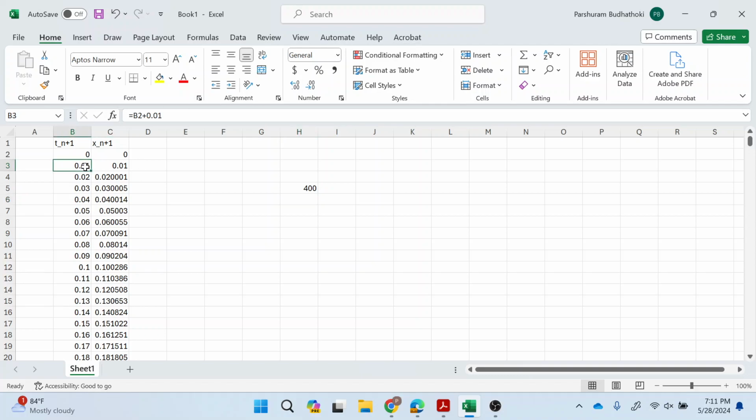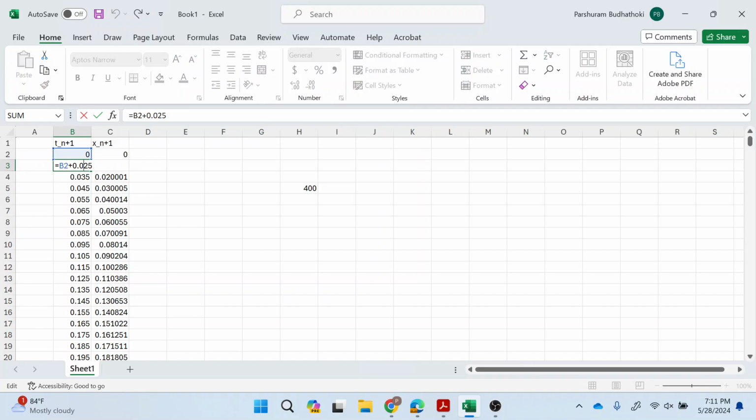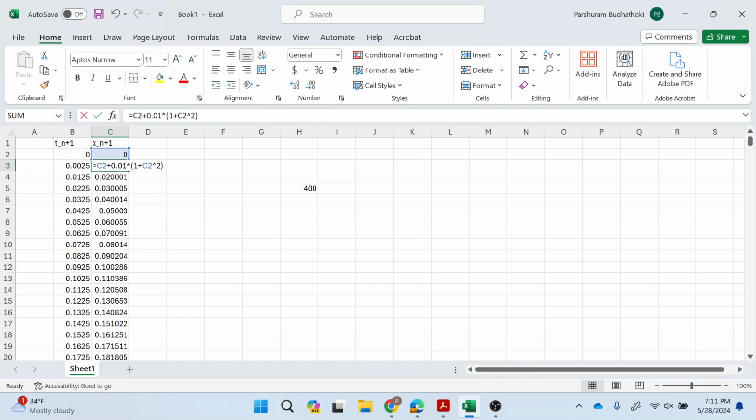So I go here, I update this value of h using 0.0025. And I'm going to update this value as well, 0.0025.